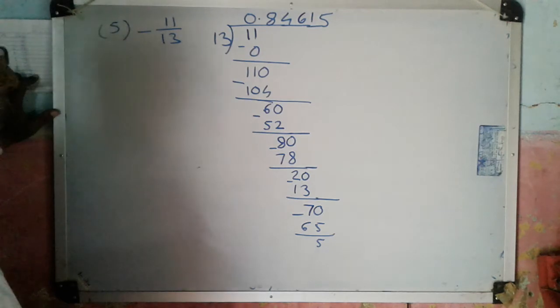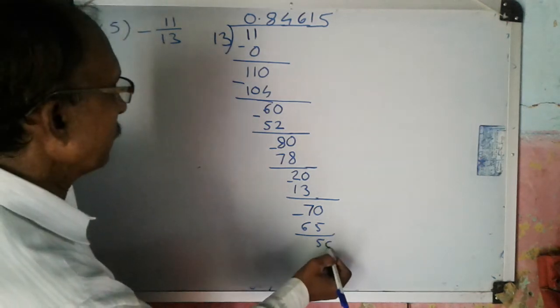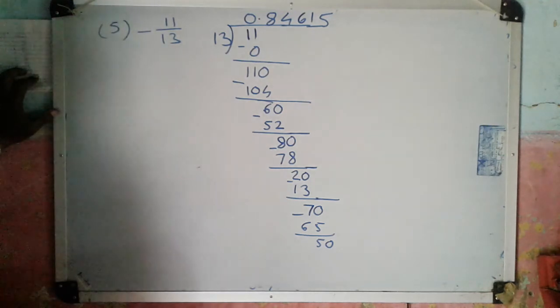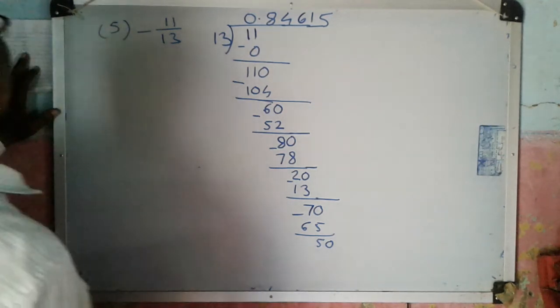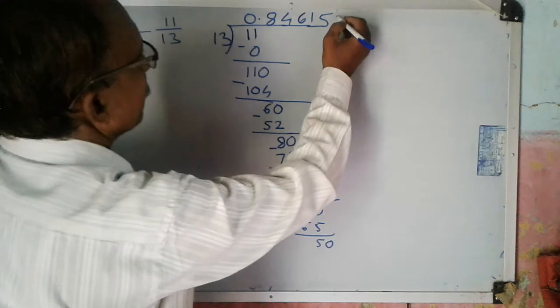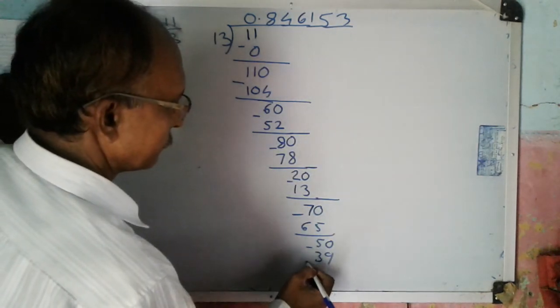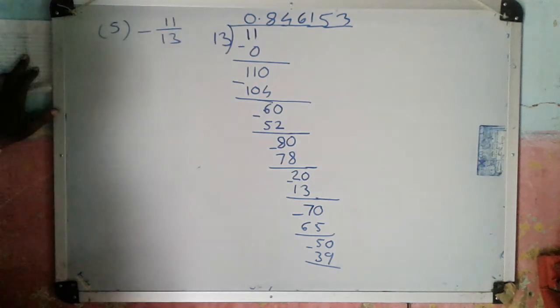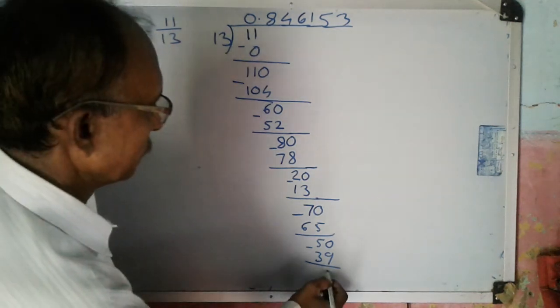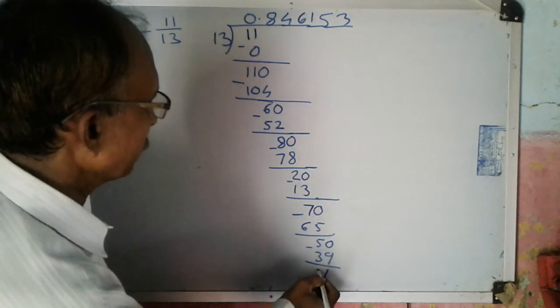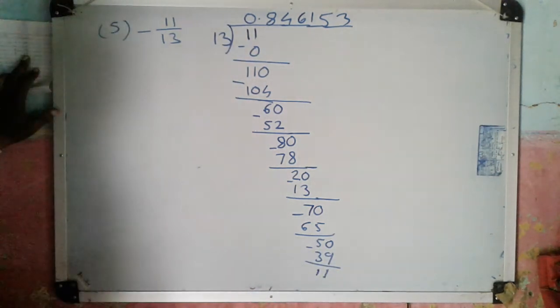Okay. Take again 0 here, we get 50. Now 13 3s are 39. So here we get 10 minus 9 is 1, 4 minus 3 is 1, 11. Okay. Again, now see here.